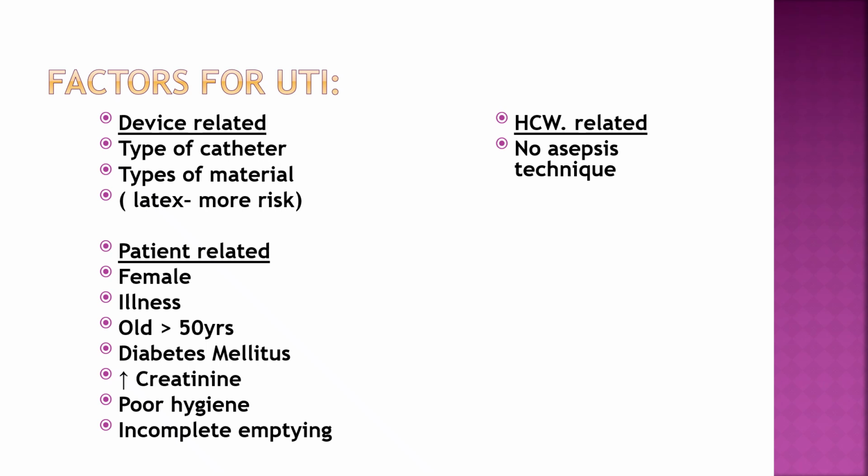Then patients having diabetes mellitus, raised serum creatinine, poor hygiene of the genital tract, or incomplete emptying. So these are the patient related factors. Then healthcare worker related factors: either doctors or sisters or paramedical workers who are inserting that catheter may not be taking proper aseptic precautions, and that may land up in urinary tract infection.